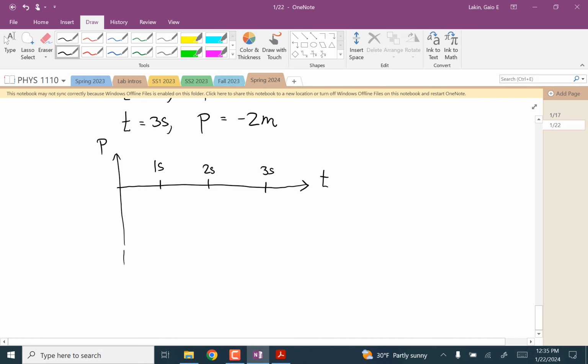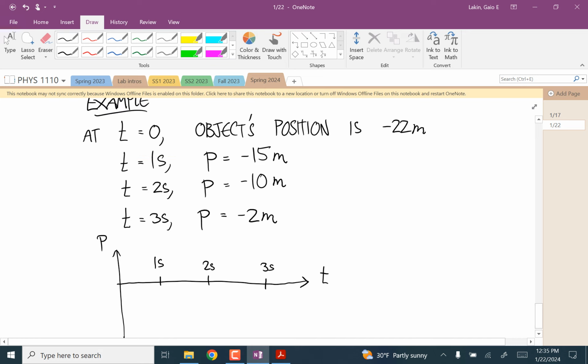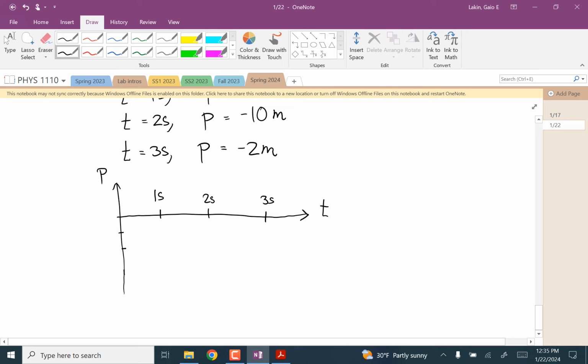And the positions that we know are going to be negative. So let's call this negative 5, negative 10, negative 15, negative 20. So this is negative 22 meters.